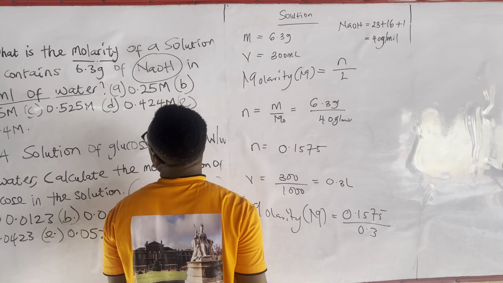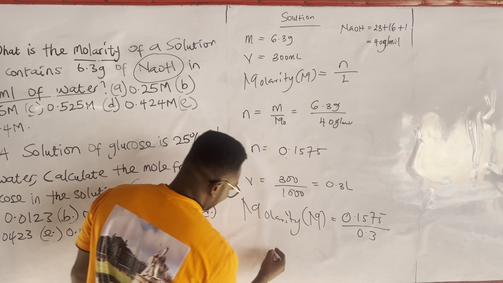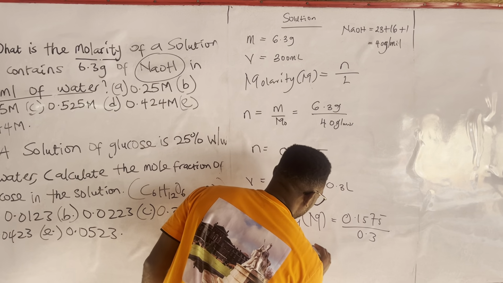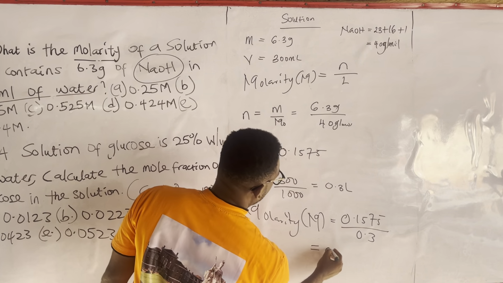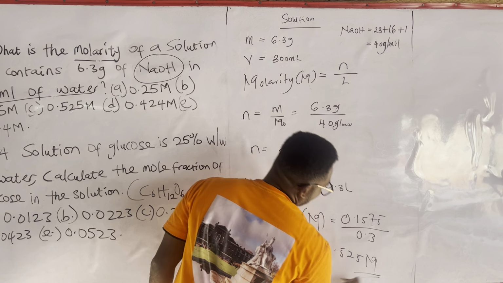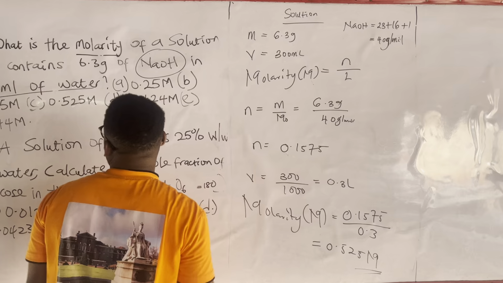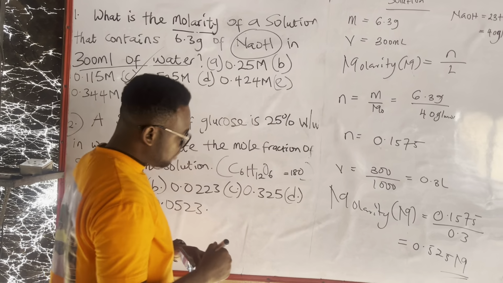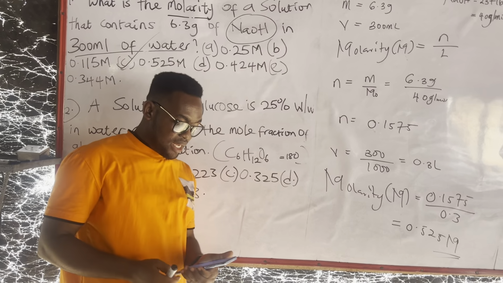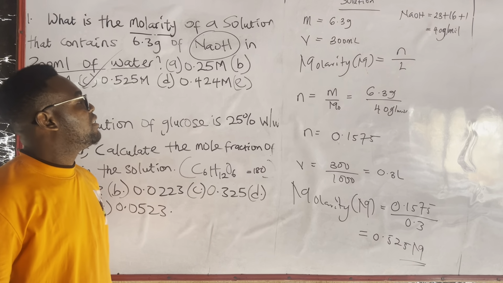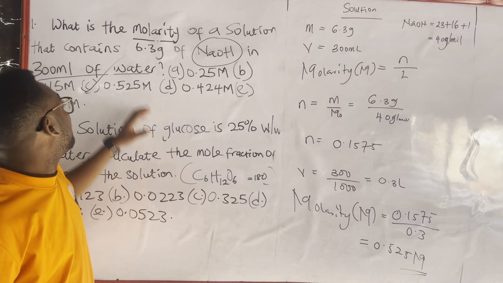If we do this successfully, our answer becomes 0.525 molar. So this is our final answer. Now, where do we have it in the options? Option C. So option C is the correct answer to the first question.